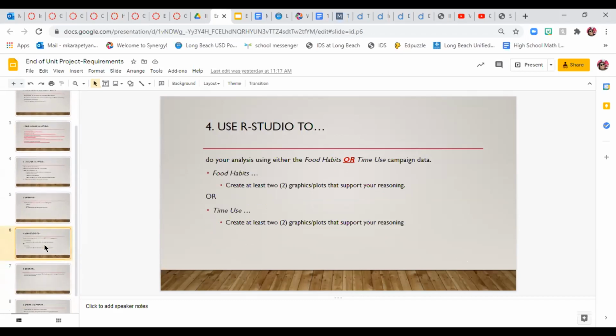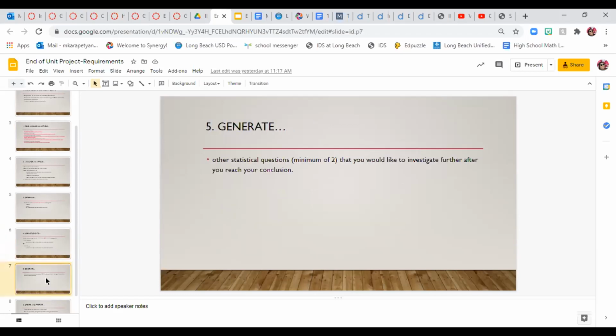Okay? And you're going to create graphics in RStudio, and that's how you're going to determine if it proves, disproves, or doesn't go one way or the other. And then you're going to look at your findings, and you're going to write at least 2 additional follow-up statistical questions. And then you're done with your presentation. And then you come to class on Tuesday and Thursday, and you present.